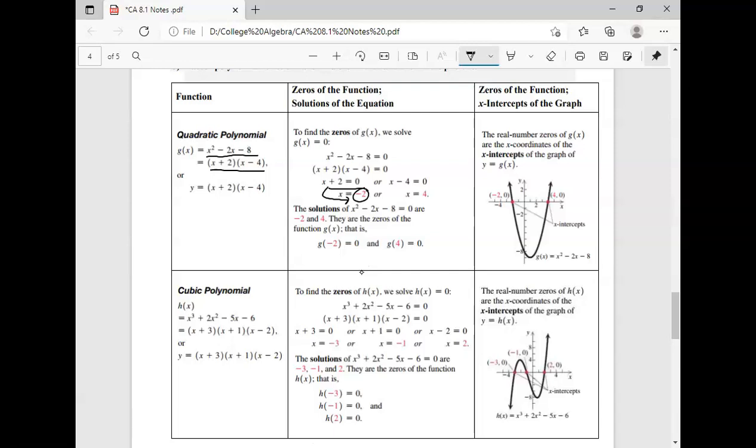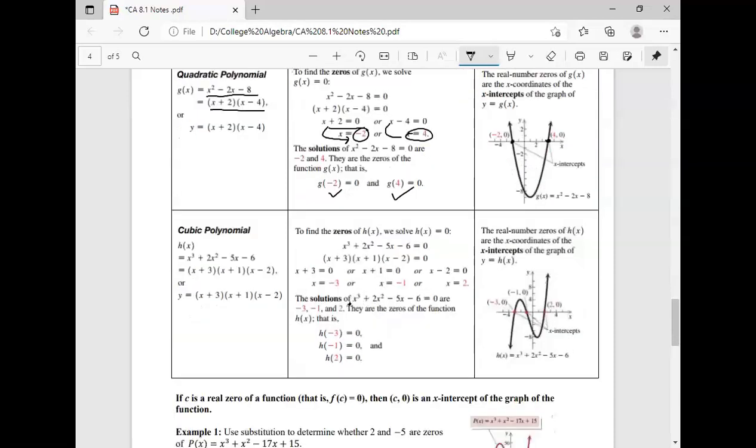And they solved x minus 4 equals 0, and they got +4. And if you go back in the equation and you plug in -2 for x, you should get 0. If you plug 4 in for x, you should get 0, which is what they did right here. And they've got a graph of it that shows that those 2 points are the x-intercepts.